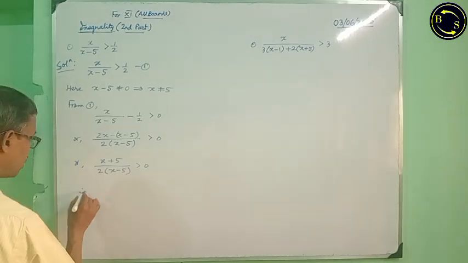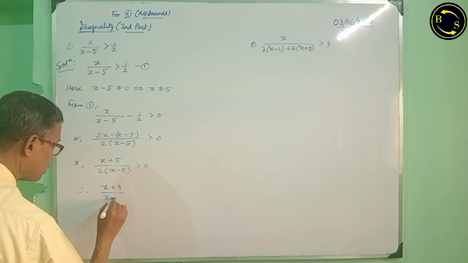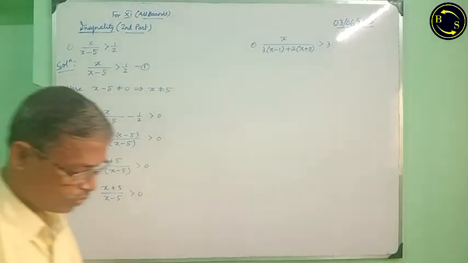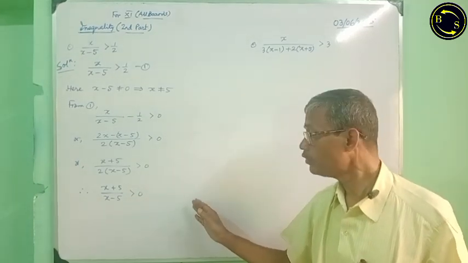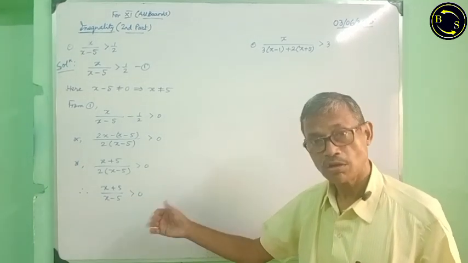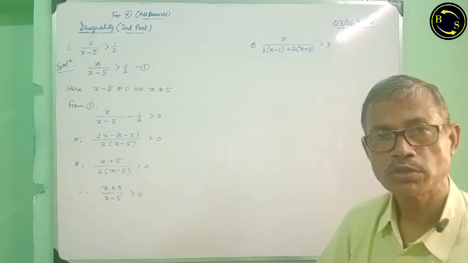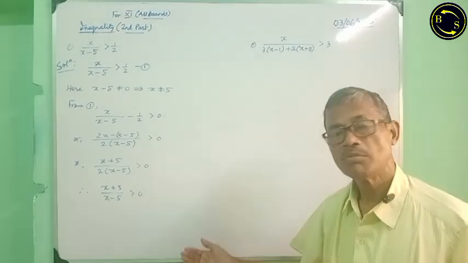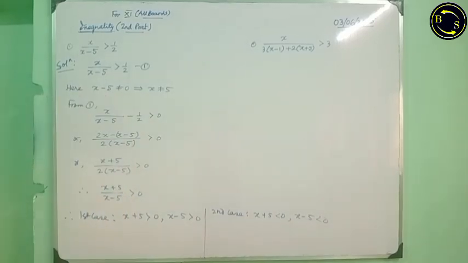That means we can write directly x plus 5 by x minus 5 positive. Now we get a fraction which is positive. Therefore, as I have discussed earlier, both numerator and denominator will be positive. That is the first case. And second case, both numerator and denominator will be negative.